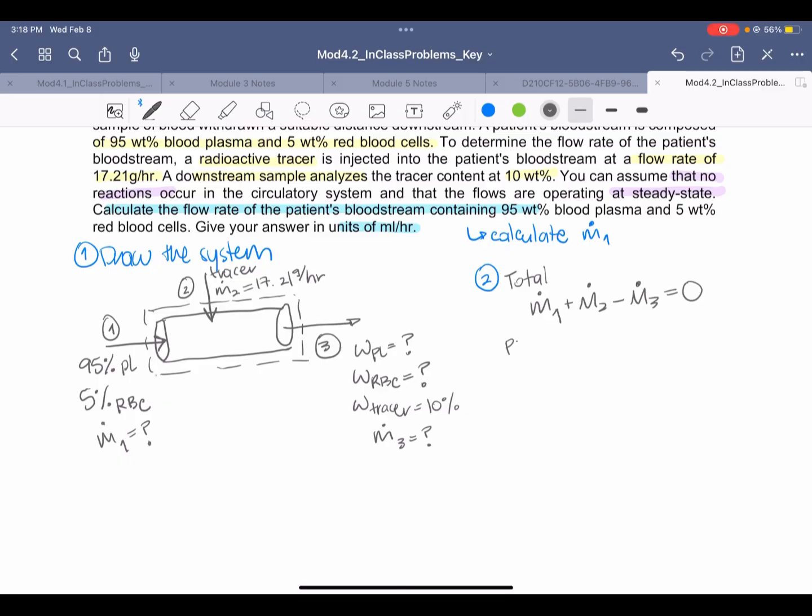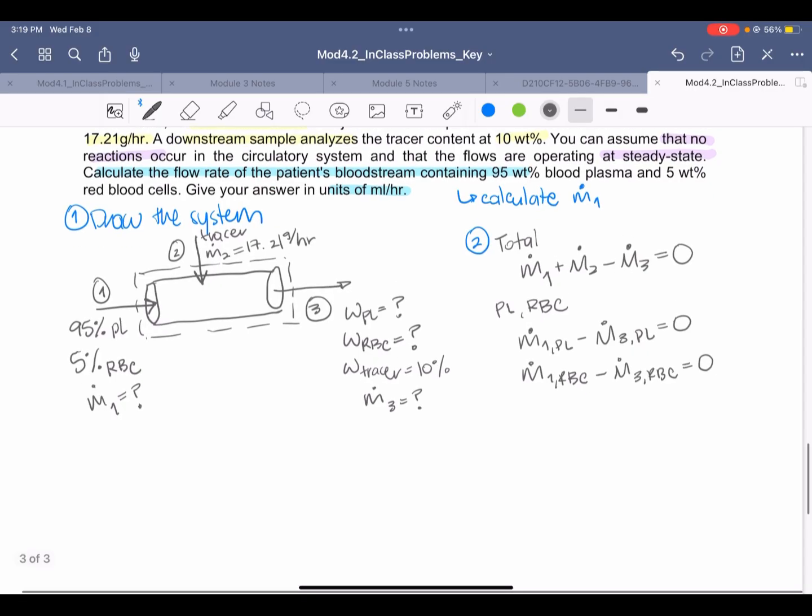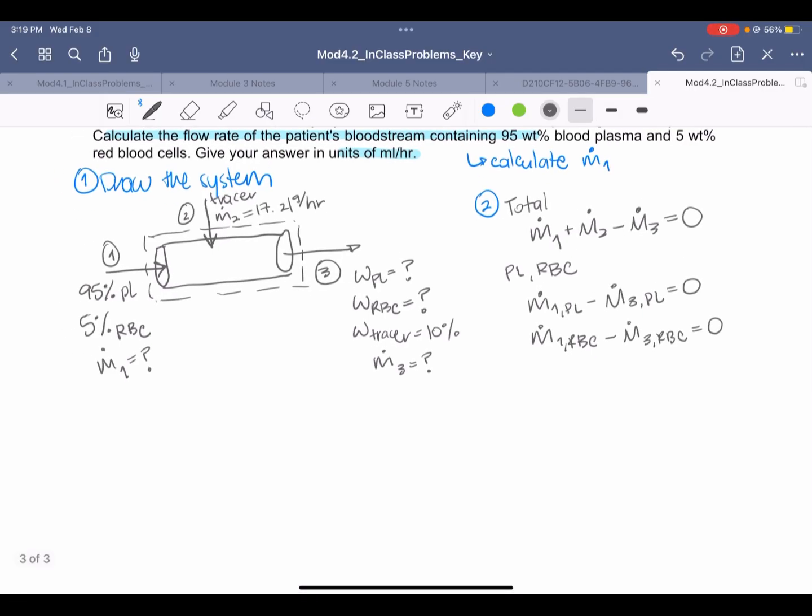For plasma and RBCs, it's going to be the same, something like this, or this for red blood cells. And for the tracer, the tracer is only in streams 2 and 3.